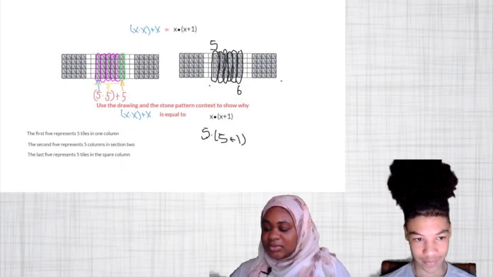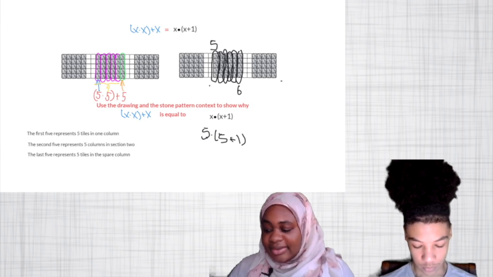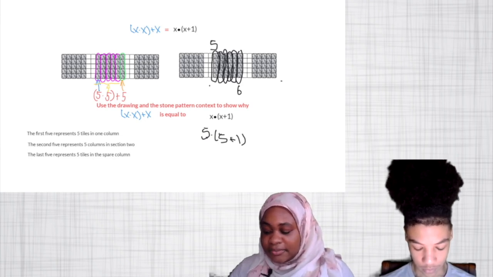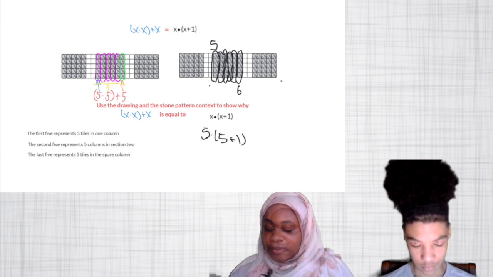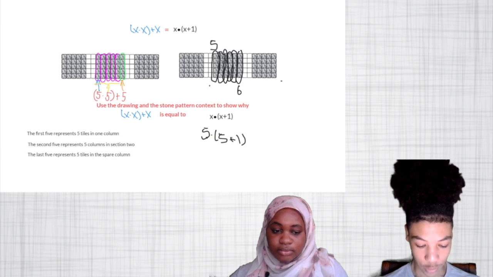Okay, so the 6 in my drawing represents that there are 6 columns, and then the 5 represents that there are 5 gray stones in each column. So can you tell us about all the things that you wrote there, ET? So in purple, I circled 5 columns, and in green is a spare column.